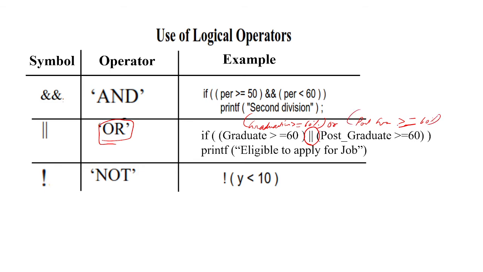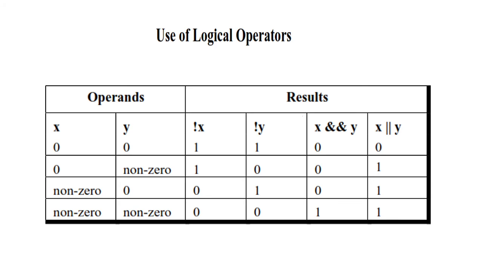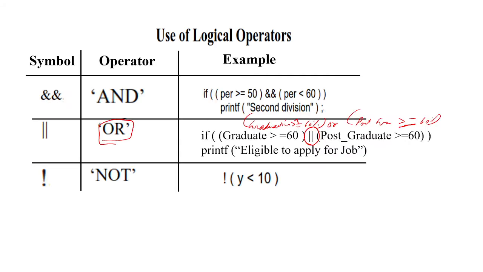So if this condition is true, or if this condition is true, means either the marks in the graduation or the post graduation, then our full condition will be true.